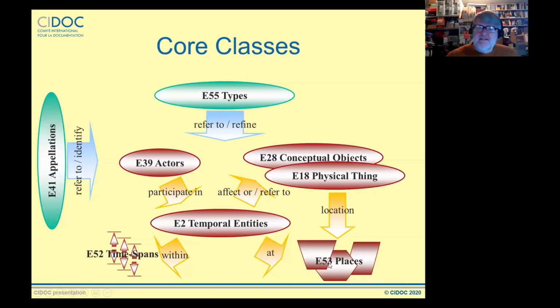We have places. So places are mathematical boxes within which there is stuff at a particular point in time. I find the easiest way of describing a place to somebody who's not used to the concept of a mathematical box is you can't take a picture of a place. A place is just a mathematical construct in space.